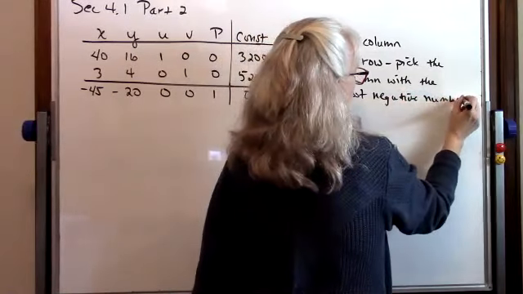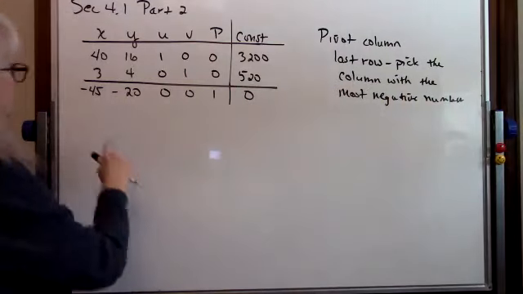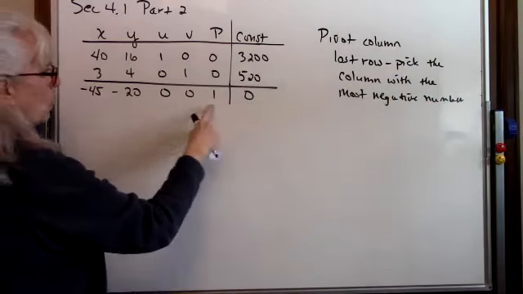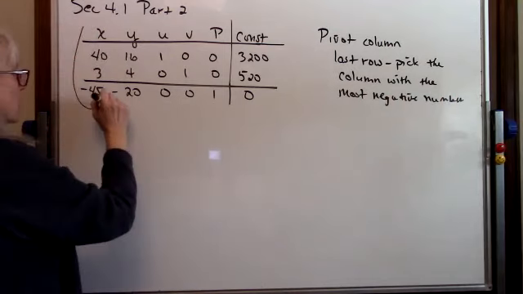In other words, which of those numbers lies to the furthest left on the number line? Well, my numbers are negative 45 and negative 20 and 1. Negative 45 is the furthest to the left.